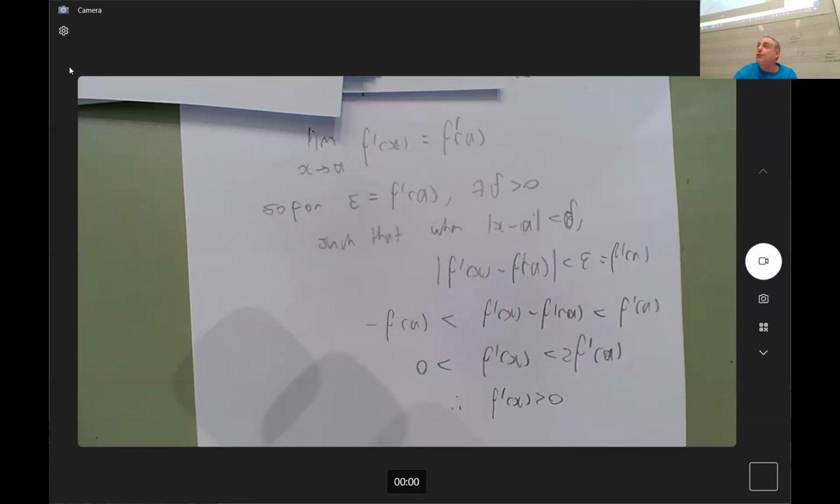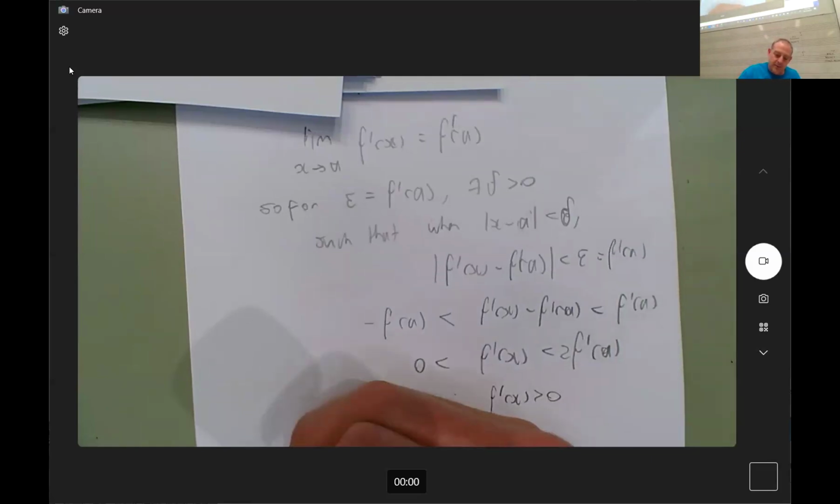Yep, and so now I'm good. I can now use your theorem from the assignment that said that if you have a function so that at every point the derivative is positive, then it's an increasing function. So we can do the same thing that you already did in the other assignment.